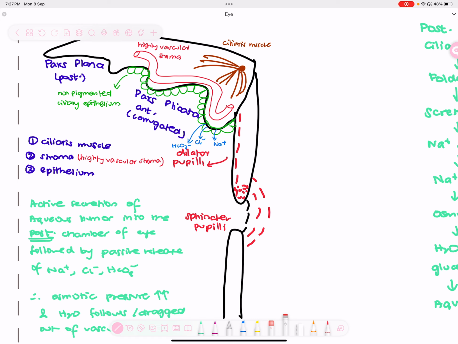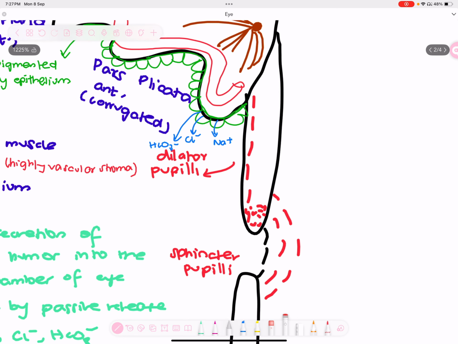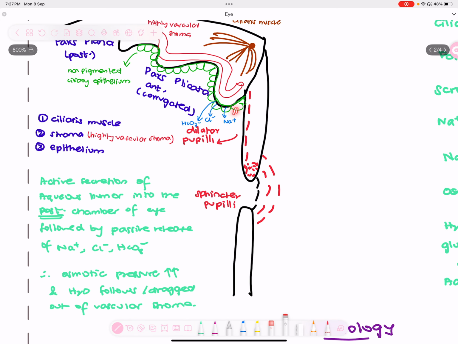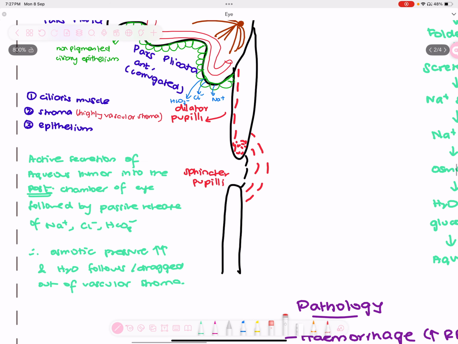Therefore, this non-pigmented ciliary epithelium obviously has channels, voltage-gated sodium channels. So they secrete sodium, chloride, bicarbonate, and these all become constituents of your aqueous humor. That's what I was talking about, that this epithelium is responsible for.